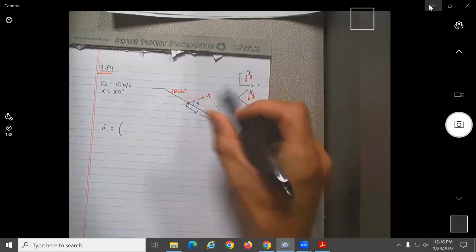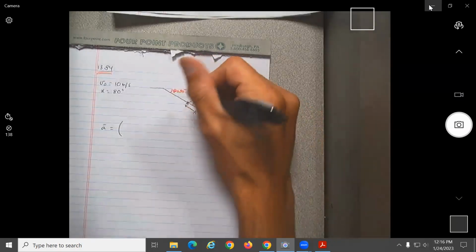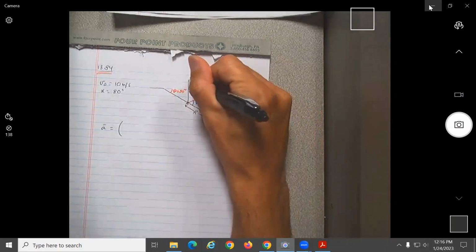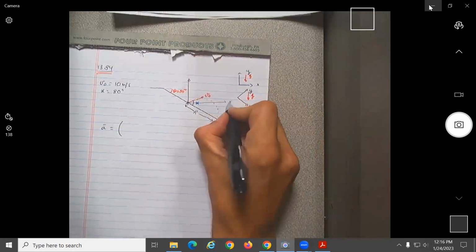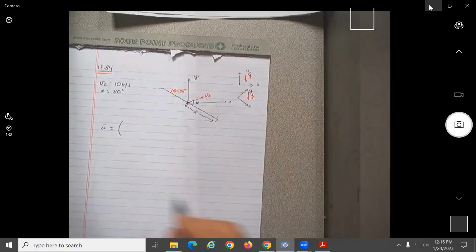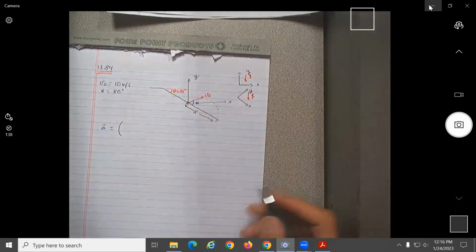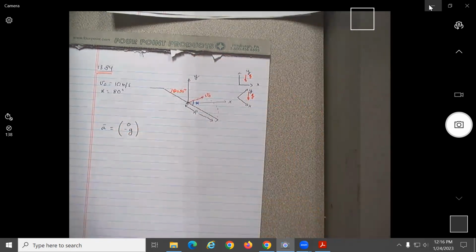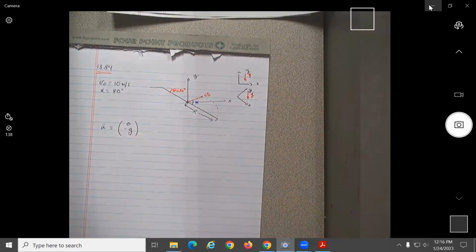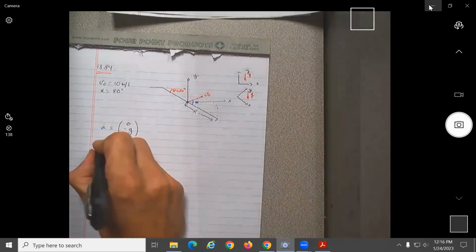Okay? Why? I mean, you don't have to do it that way, okay? But if you do it this way, this is X, Y, no? And you can derive this the normal way, which would be 0, negative g. I'm not going to do all the details. Now, what would V be?